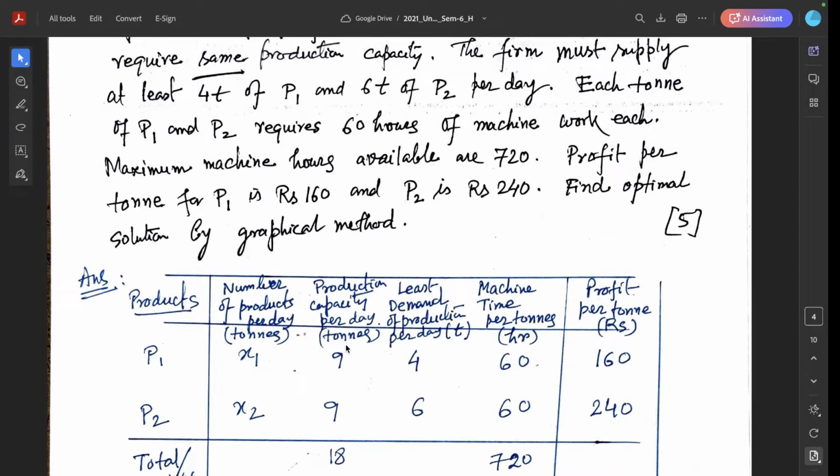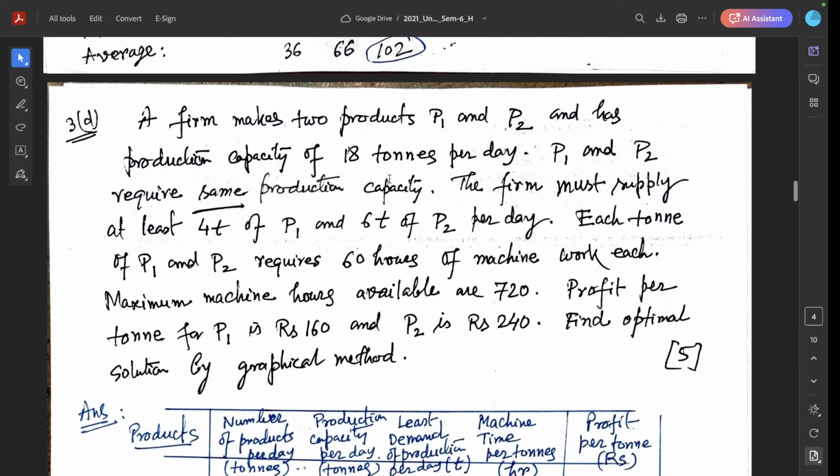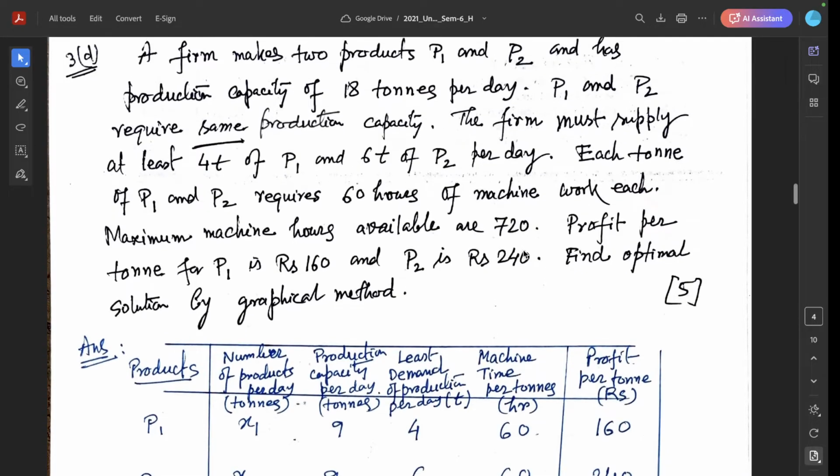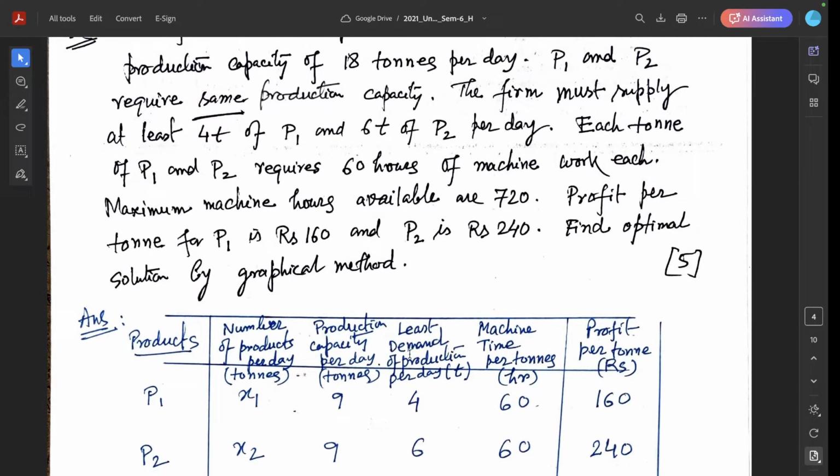The production capacity per day is 9 tons per day for P1 and 9 tons per day for P2. The farm must supply at least 4 tons of P1 and 6 tons of P2 per day, so this is the least demand per day in tons: P1 at least 4 tons per day, P2 at least 6 tons per day.